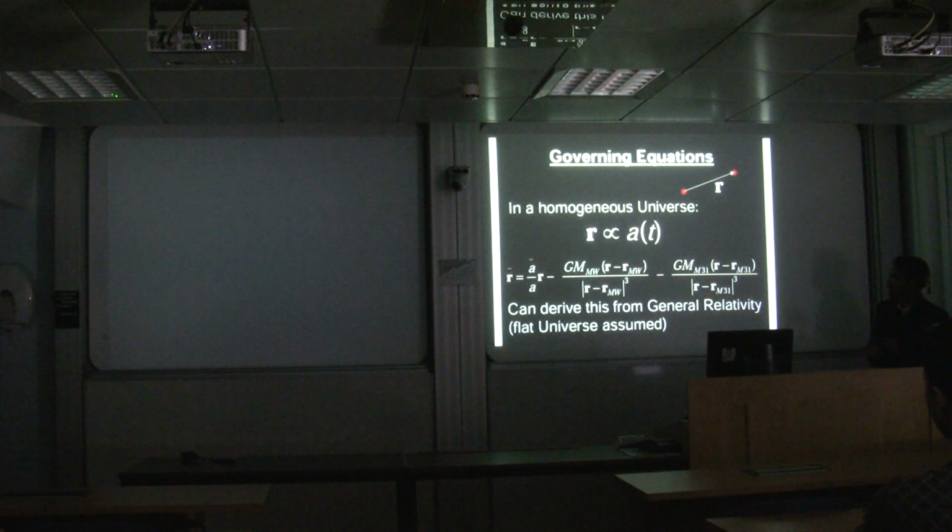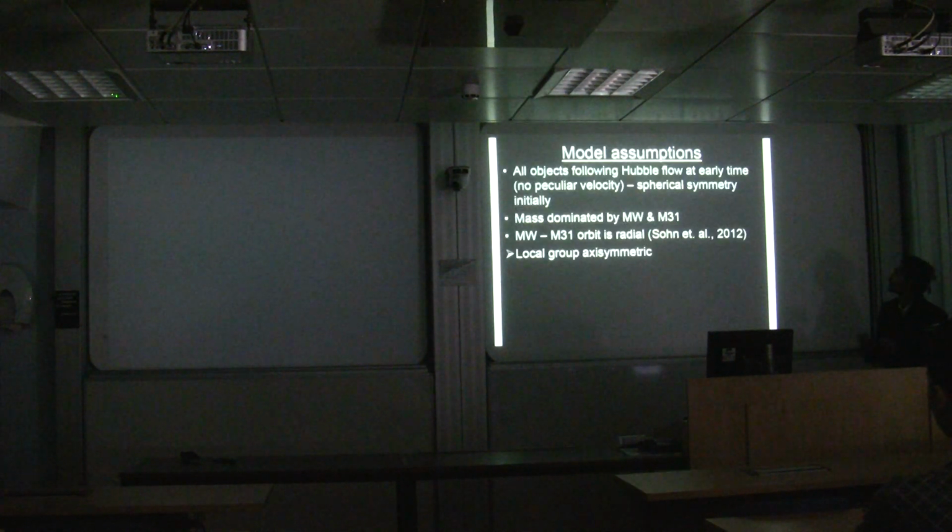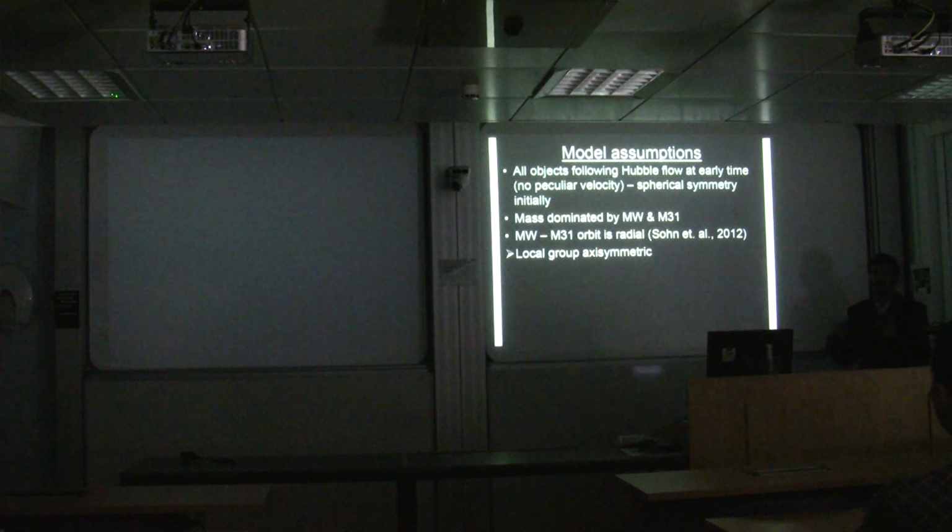as extra forces. So to make this model work, we're going to have to make some simplifying assumptions. Some of them are more accurate than others. First of all, we assume that early on, all objects are following a Hubble flow, so a uniformly expanding universe, with no peculiar or inhomogeneous motions.